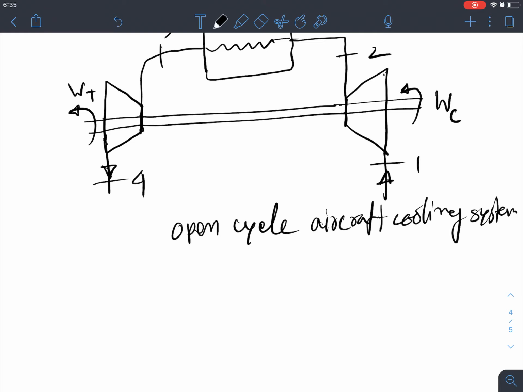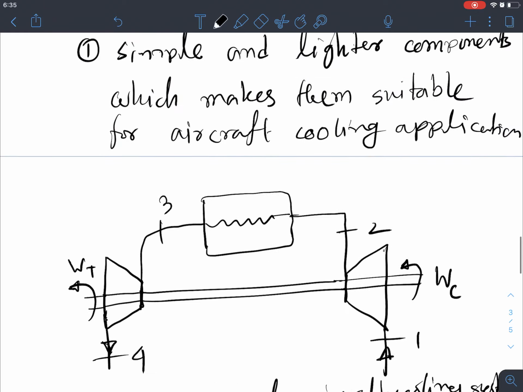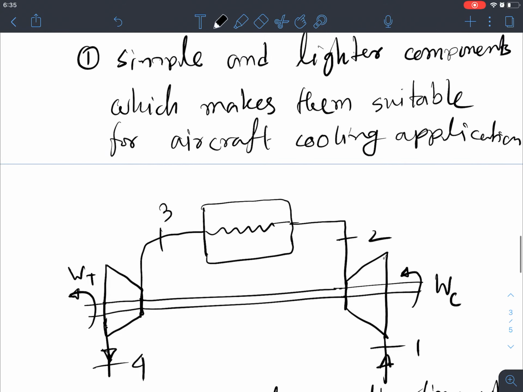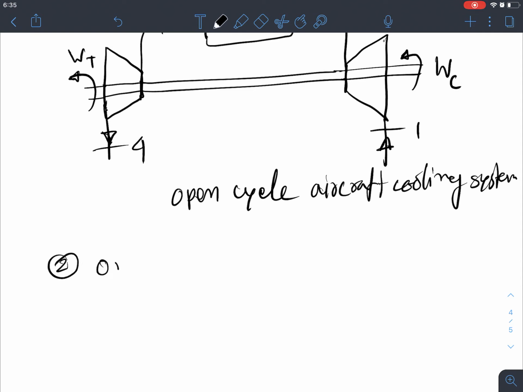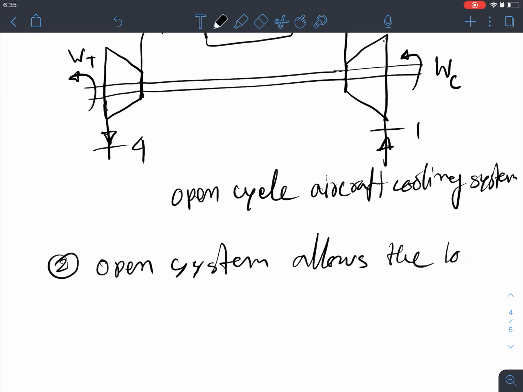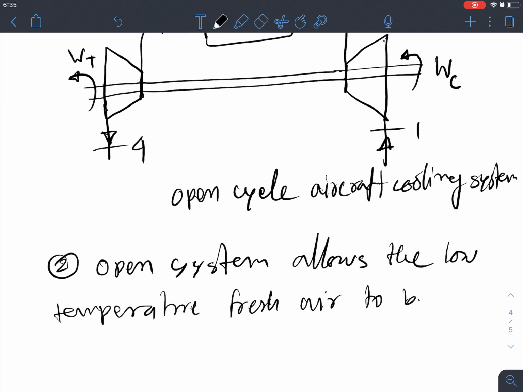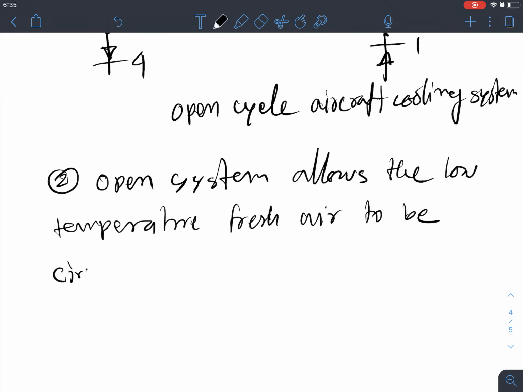So another thing is, this is a simple and lighter component, which makes them suitable for aircraft. And then two, the open system allows the low temperature fresh air to be circulated in the cabin space.